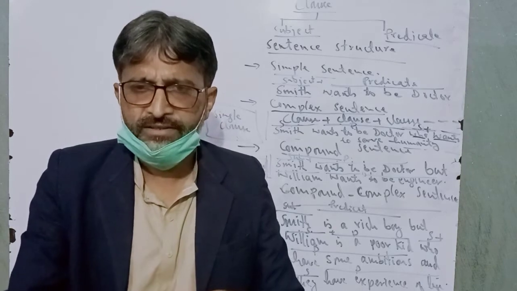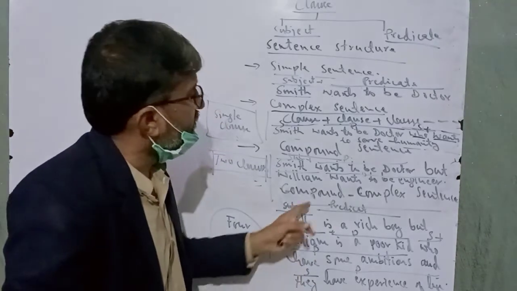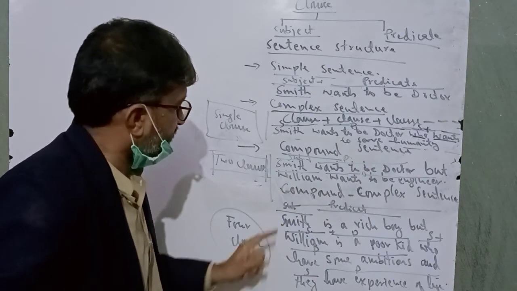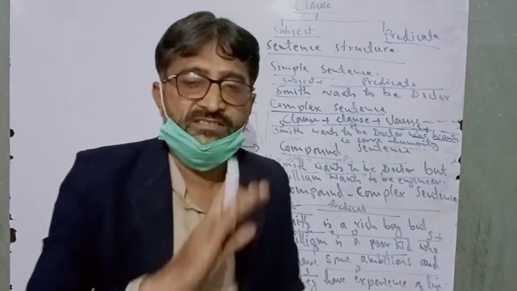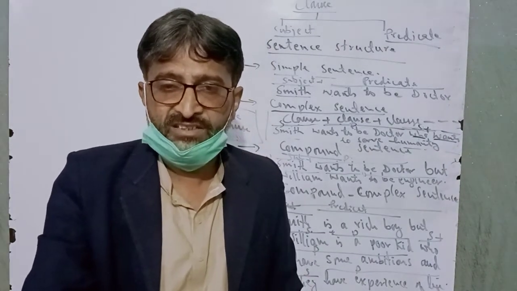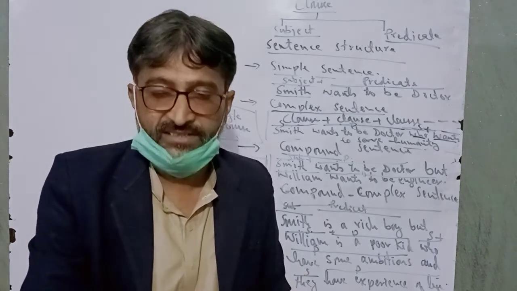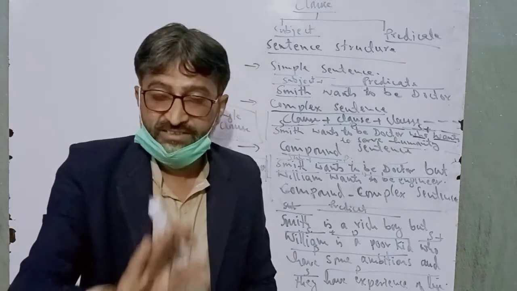When they join in this structure, then they become compound complex sentence. Just like you will see, there are four clauses. When there are four clauses, it means there are eight subjects and eight predicates. You will see it is a sentence. In this sentence, we have eight subjects and eight predicates.